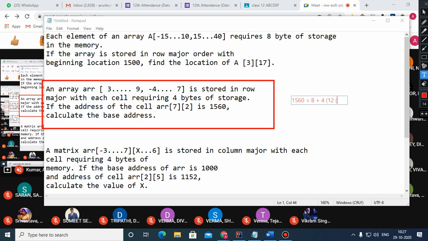So it is 12, and I is 7, and 7 minus 3 plus 2 plus 4. This is what you have to solve. And after that, you make B the subject, so you can get the base address of the matrix.